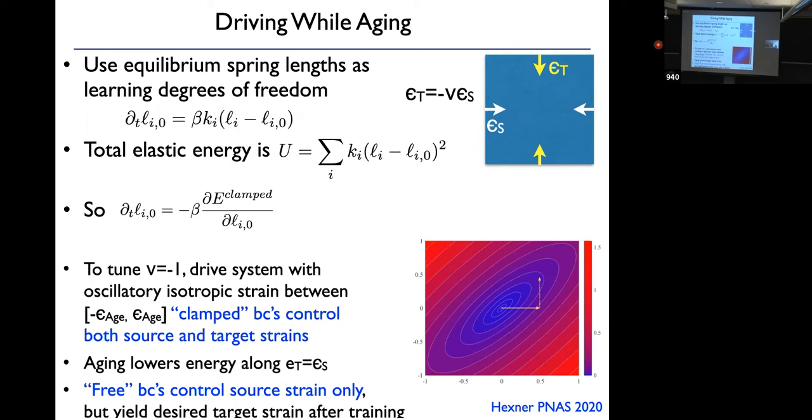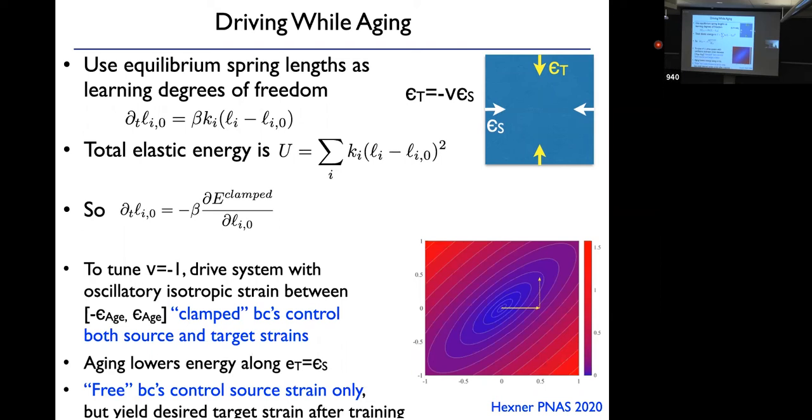And then he said, let's just do gradient descent with our learning degrees of freedom, which in this case were the equilibrium lengths of the springs. So we just do gradient descent of the energy with that boundary condition, and as we do this, we drive isotropic compression and expansion.